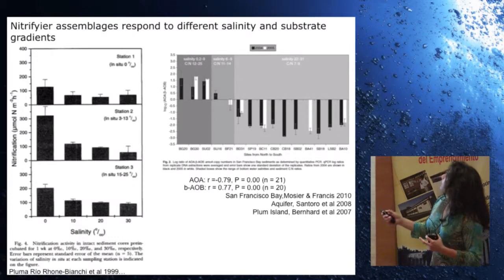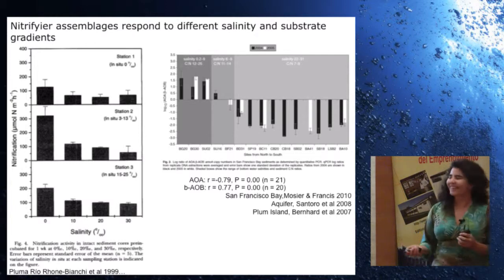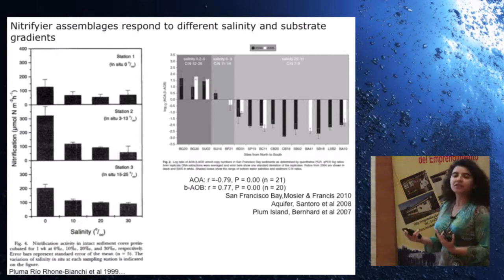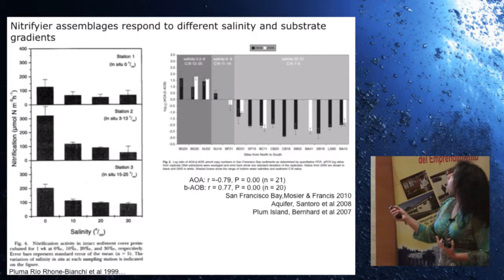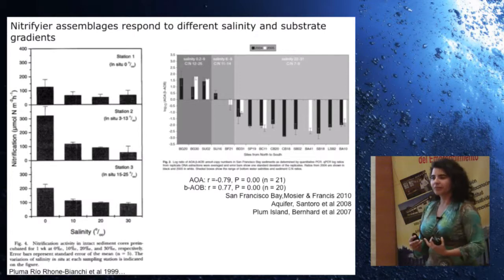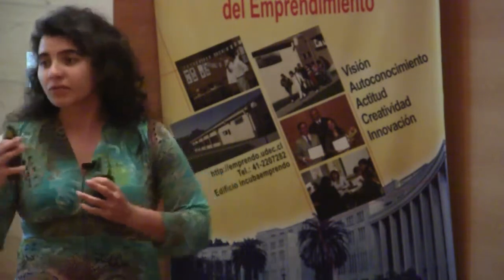For example, an ecosystem close to your place, France. And in other estuaries as well, from the community's point of view, it has been shown that there is a differential contribution between ammonium oxidizing archaea versus bacteria.